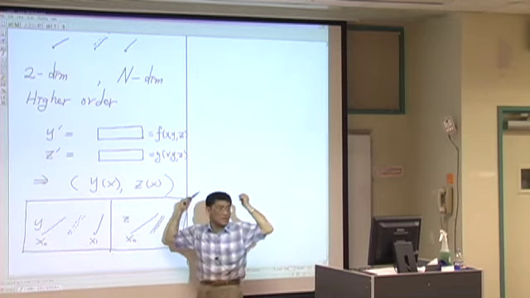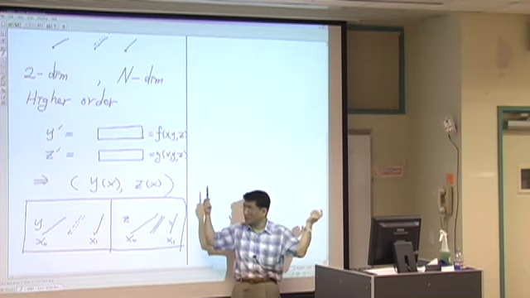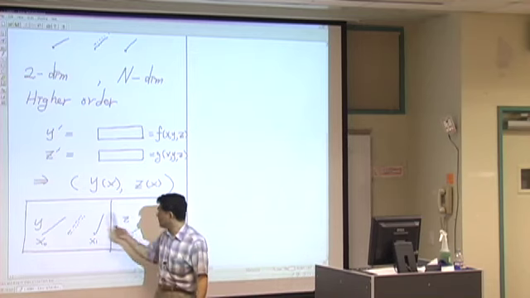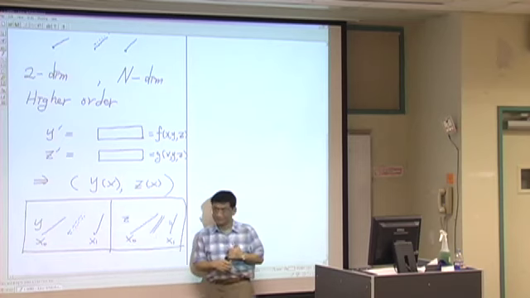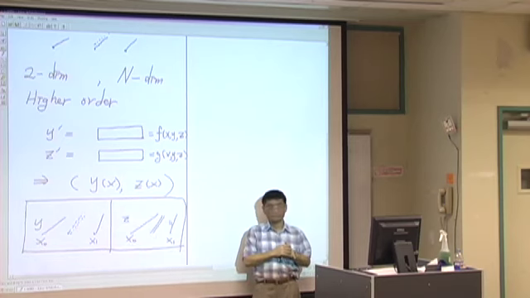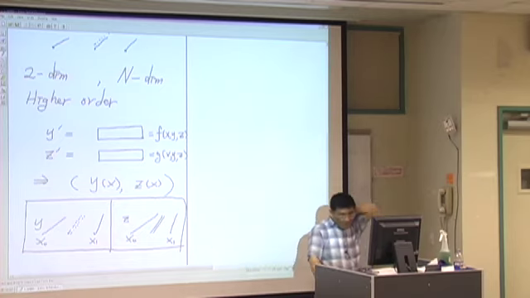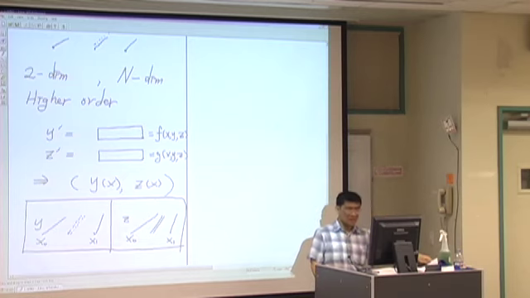So essentially it's the same thing as first order. The only difference is using these two variables, y and z. Instead of writing down the formula, I will show you the direction.